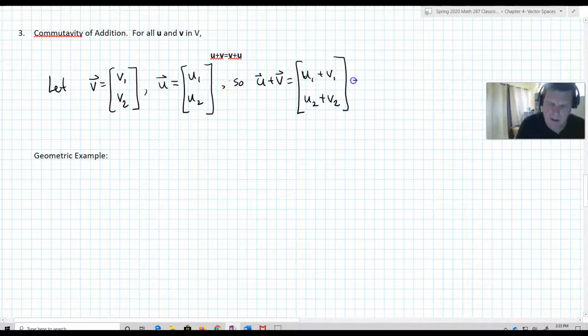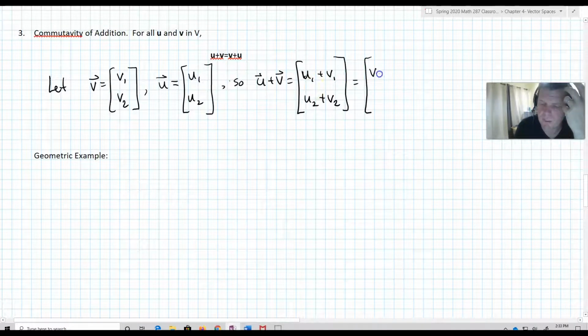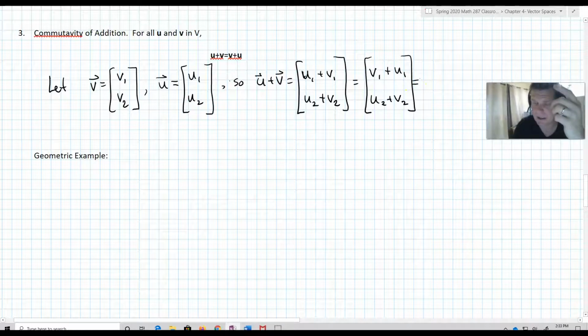Well, what you want to notice here is that we could switch them, because in the real numbers we do have commutativity of addition. So v1 plus u1 is going to equal the same thing as u1 plus v1. It always is. That's how you add real numbers. And u2 plus v2, that's also commutativity when we add real numbers. We can add real numbers in any direction we want.